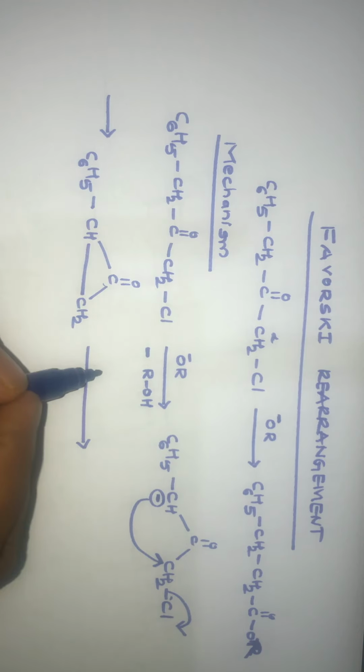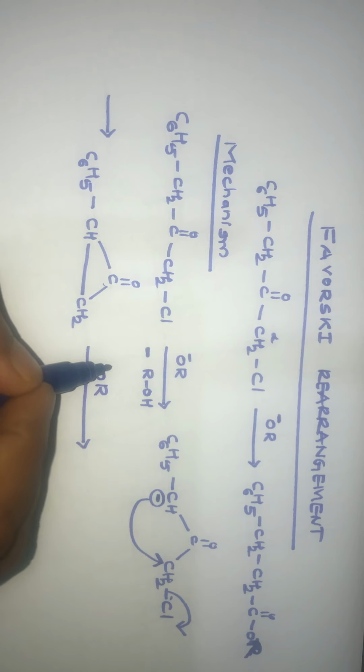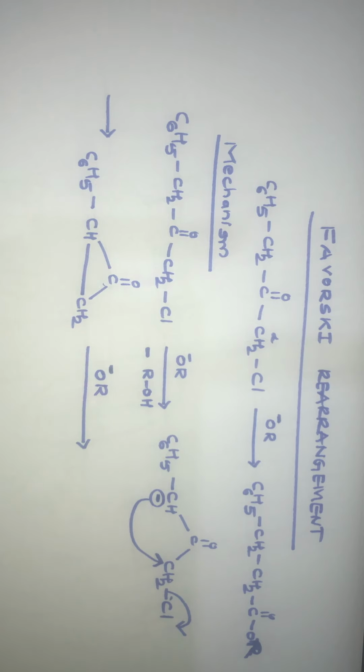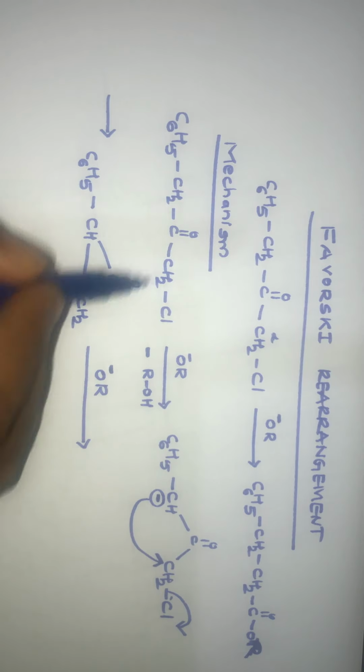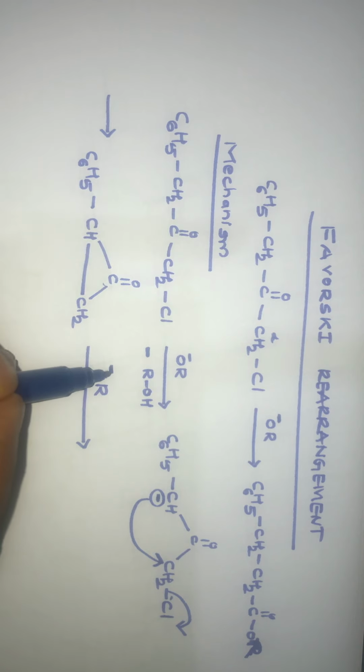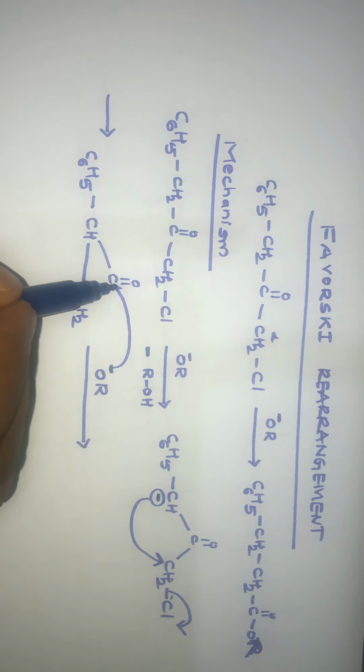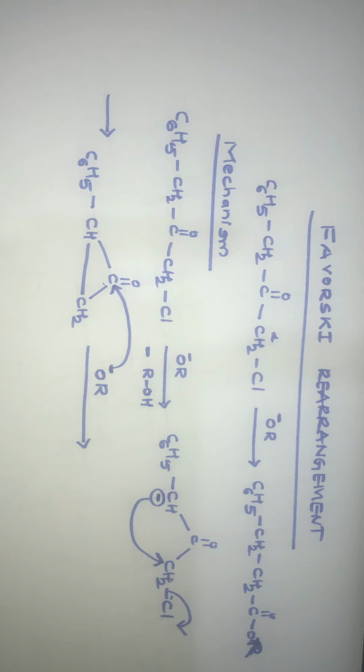Next, this molecule is attacked by an alkoxide ion. Since you are carrying out the reaction in presence of an alkoxide ion, this molecule is attacked by an alkoxide ion. So the alkoxide ion attacks this carbon, since that is a positively charged carbon.